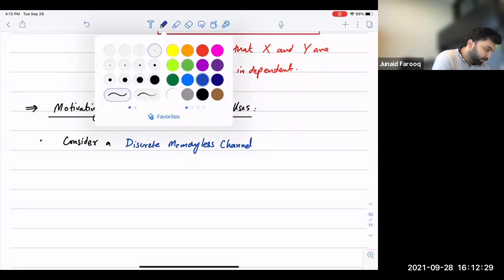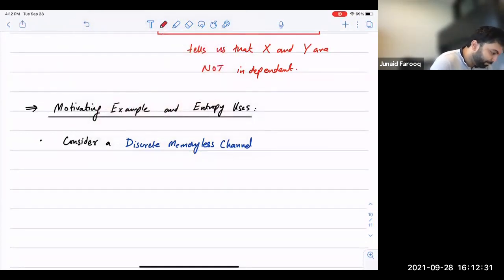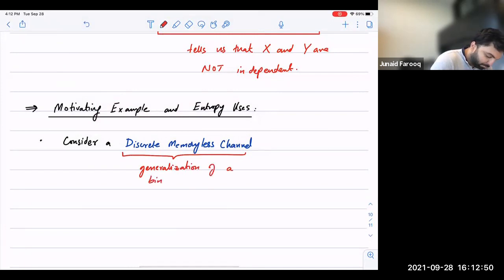This is nothing but an extension, or let's say a generalization, of a binary symmetric channel.